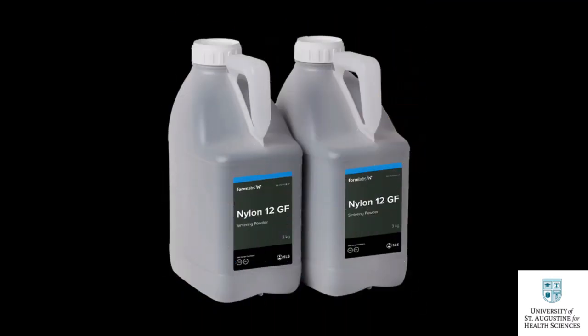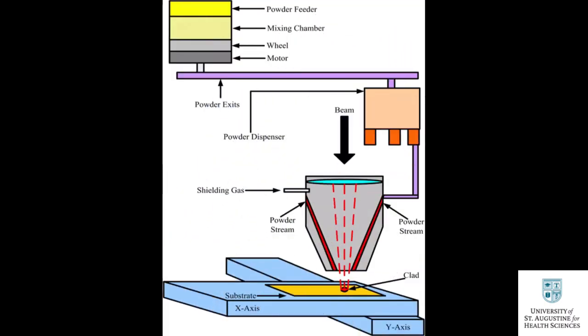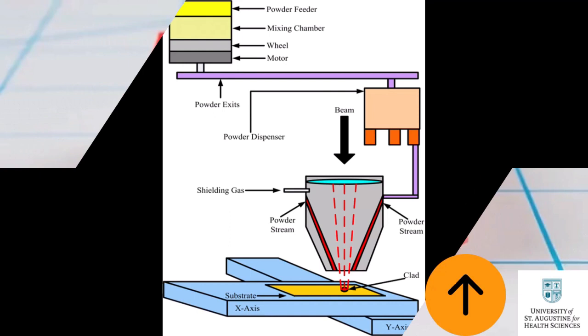The most common printing material for selective laser sintering is granular thermoplastic polymer particles such as polyamide 12 powder, also known as nylon 12. The maximum build volume of SLS 3D printers is 300 by 300 by 300 micrometers.